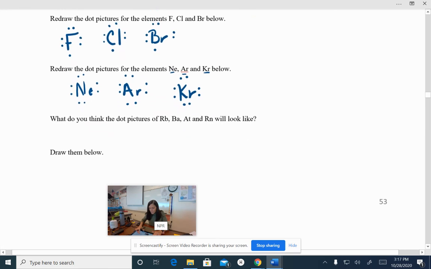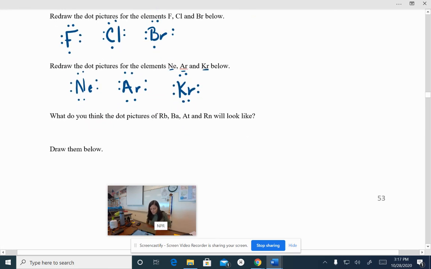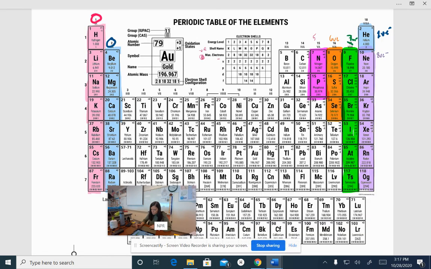So now knowing what we have on our periodic table, do you think that we could predict the dot pictures of rubidium, barium, acetylene, and radon? Let's look at rubidium. If I look at the periodic table, I find rubidium right here.